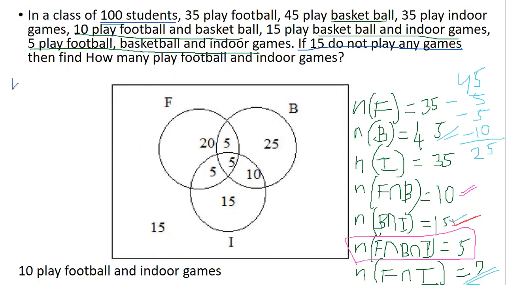So what will be the formula? A union B union C is equal to, can you tell me the formula which we used in the previous problem? N of A plus N of B. You remember this?